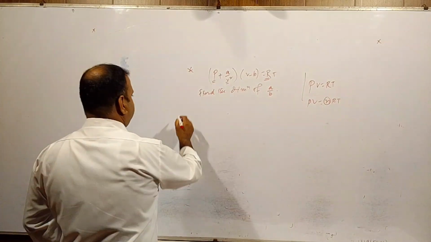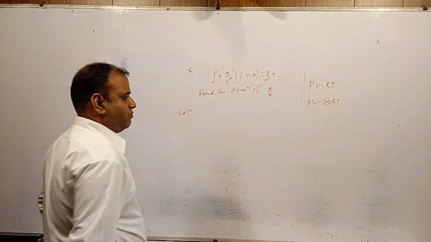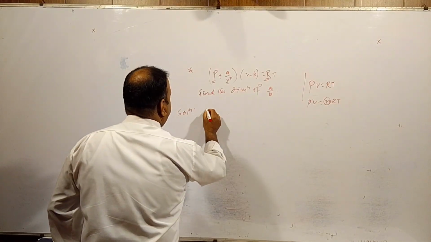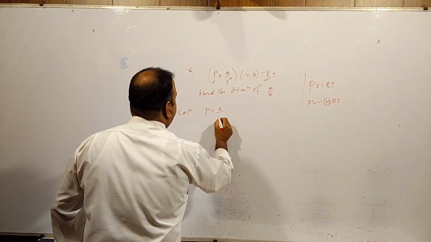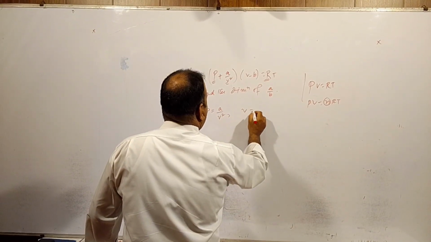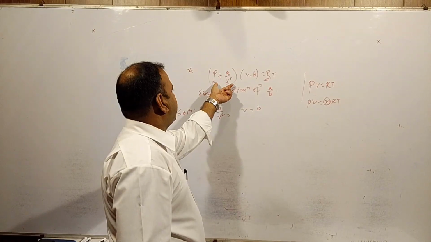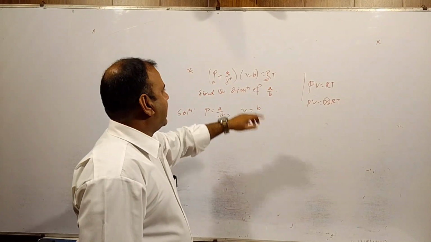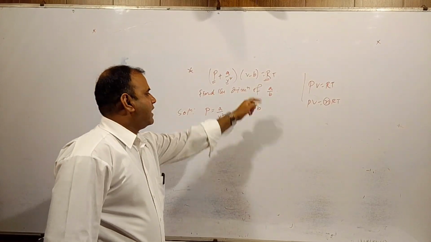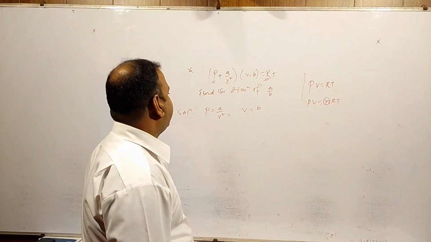Now see the solution. According to the principle of homogeneity, we can write P is equal to a by V square first, and again we can write V is equal to b. We can also write P plus a by V square is equal to RT, and V minus b is equal to RT, but there is no need, because we have to calculate a by b. So from these two relations we can easily get the value of a by b.